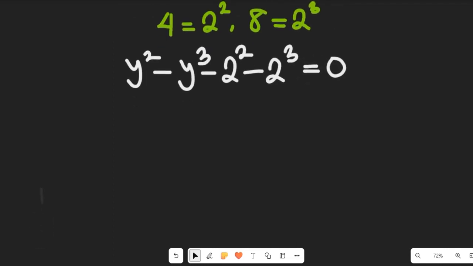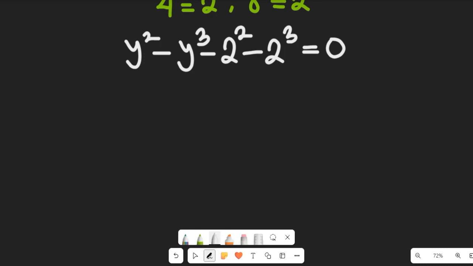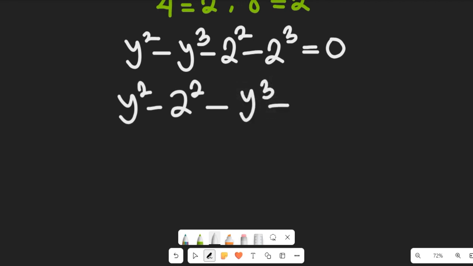Great. Now we're going to collect variables or integers with the same exponent. So we'll have y to the power of 2 minus 2 to the power of 2, right? And this will be minus y to the power of 3 minus 2 to the power of 3, and this will be equal to 0.